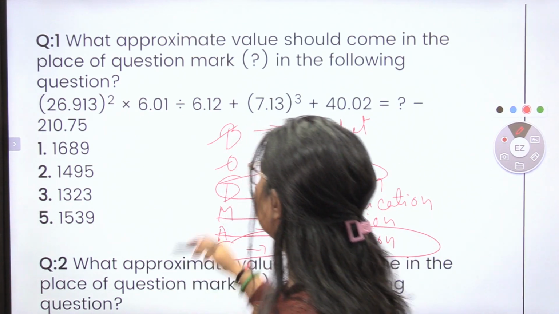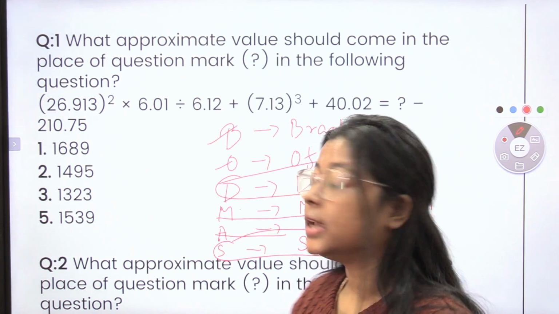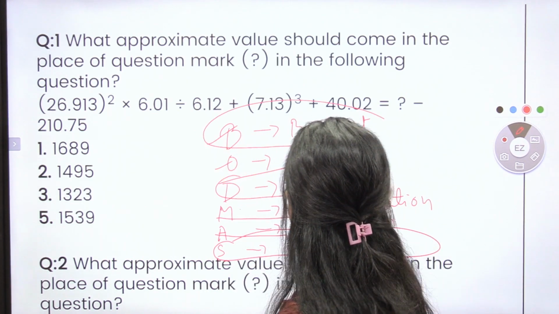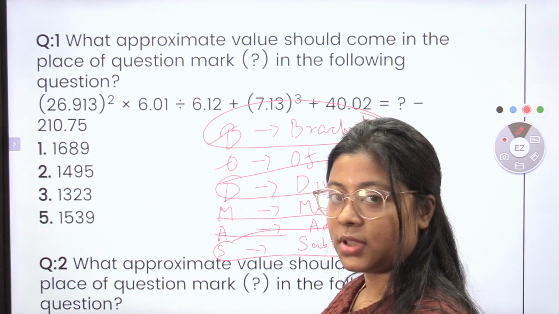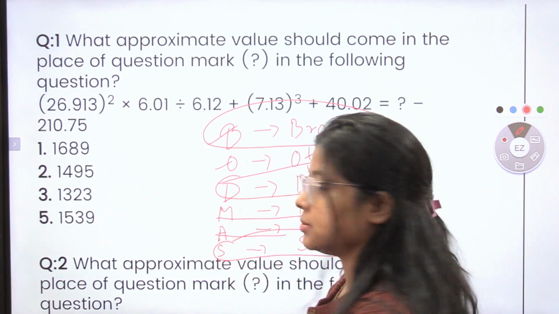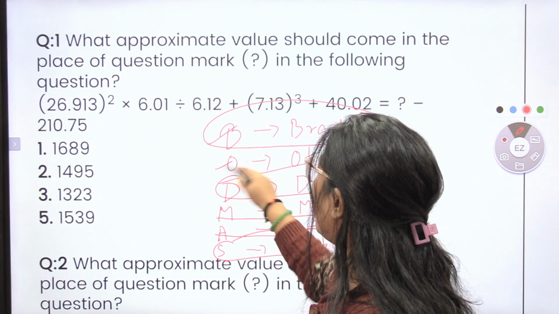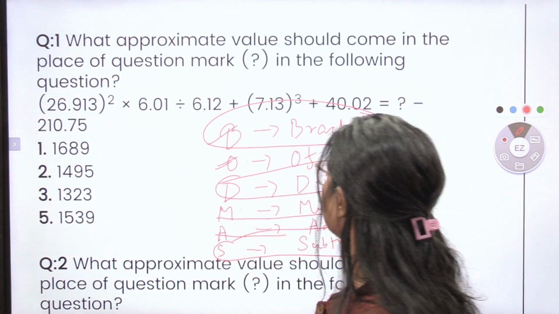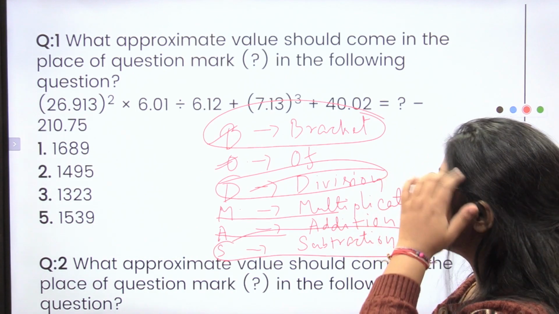If in a question you get a bracket and multiplication, what do you need to do first? You need to solve the brackets first, alright? Then you proceed to addition. And if in a question you get of and division, which one will you do first? You will do of first. Then you will solve division. All right, so that's how we do simplification, and this rule is important.